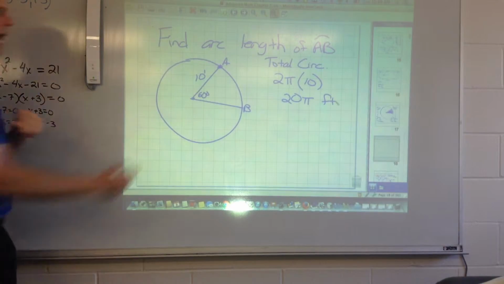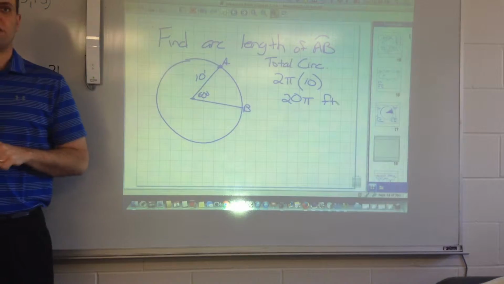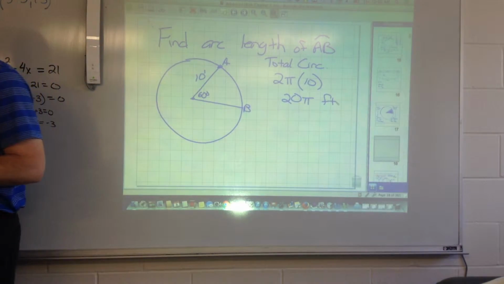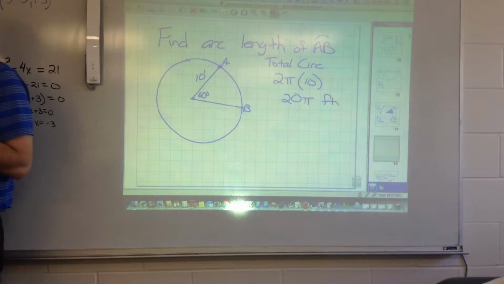1/6. Because how far is it all the way around the circle? In a measure, 360 degrees. How many degrees are we concerned with right now? 60. What fraction is 60 of 360? 1/6. If you don't know that, just leave it as 60 over 360.